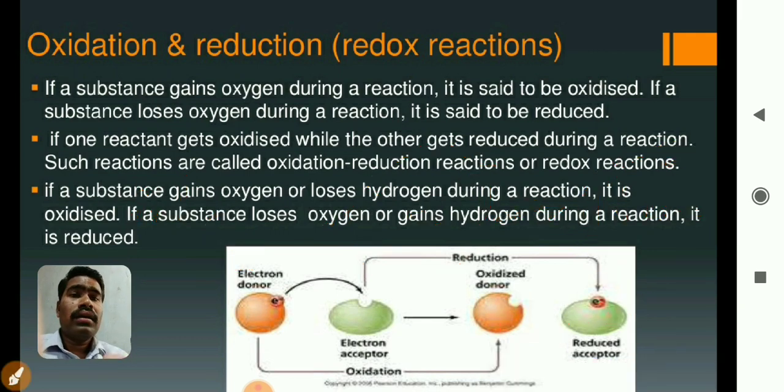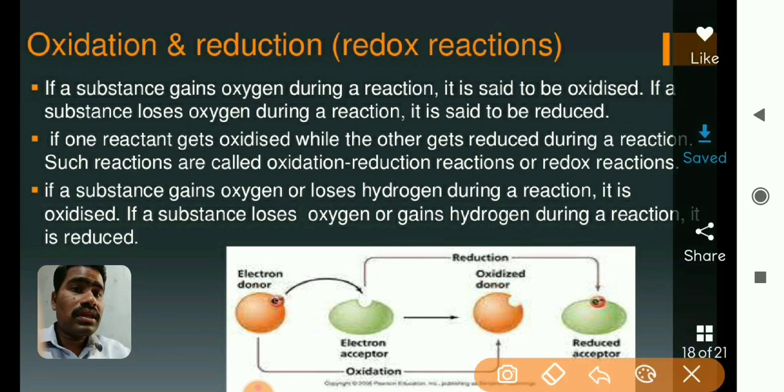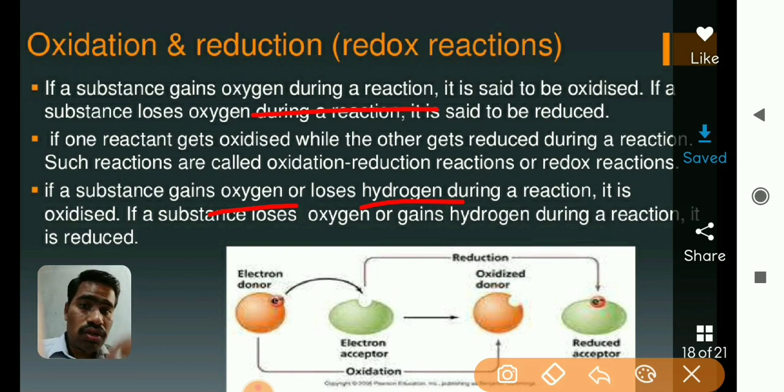Now see, if a substance gains oxygen or loses hydrogen, that is also called oxidation. We have seen earlier that the addition of oxygen to a substance is called oxidation.